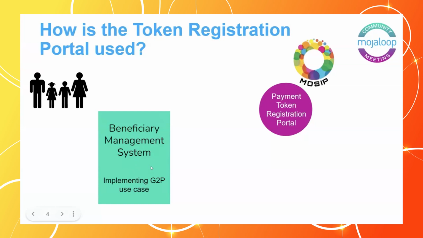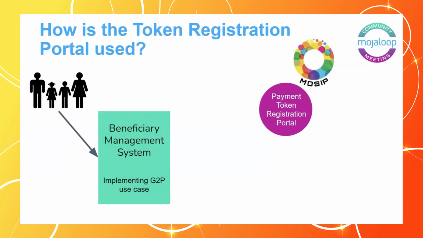So let me give you a high-level view of it first, from the perspective of a person who requires a beneficiary payment. They go to the beneficiary organization. This might be a government or some NGO, and they register to try and get the benefit.